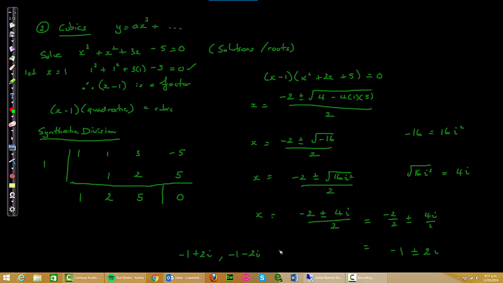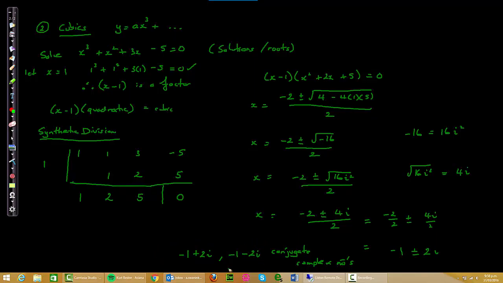And I just want you to note that we have a pair of conjugate complex numbers. We have a conjugate pair here, and that is something that I just want to emphasize right from here, that you will always see: when you have one complex solution, there will always be another, and it will be its conjugate pair.